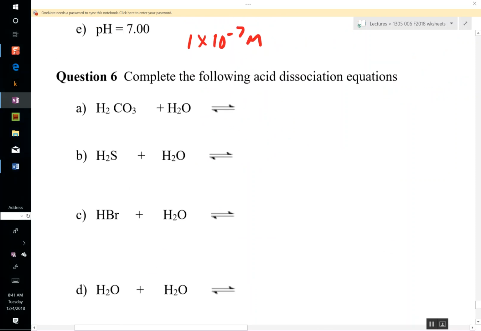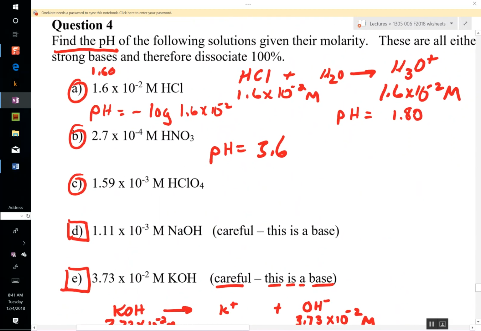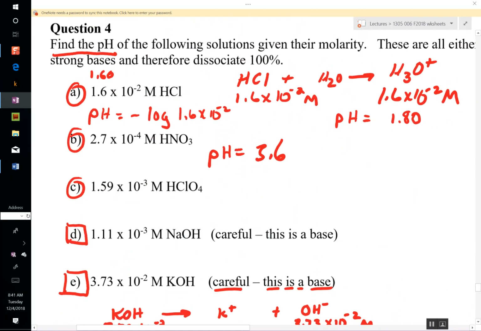Okay, now let me just make a comment back here on problem number 4. I have not taught you how to solve this kind of problem for a weak acid or a weak base. So it's not going to be on the exam? It won't be on the exam. This only works because they dissociate 100%.